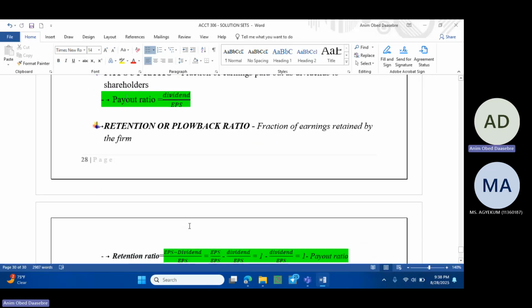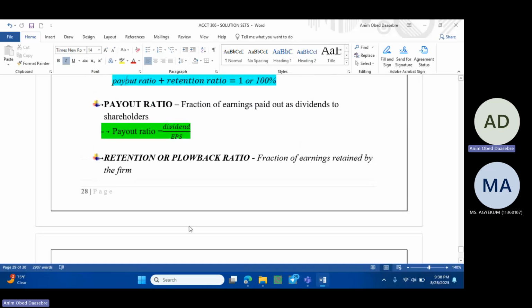And the retention ratio or plowback ratio is the fraction, proportion or percentage of earnings retained by the firm and reinvested in their business.